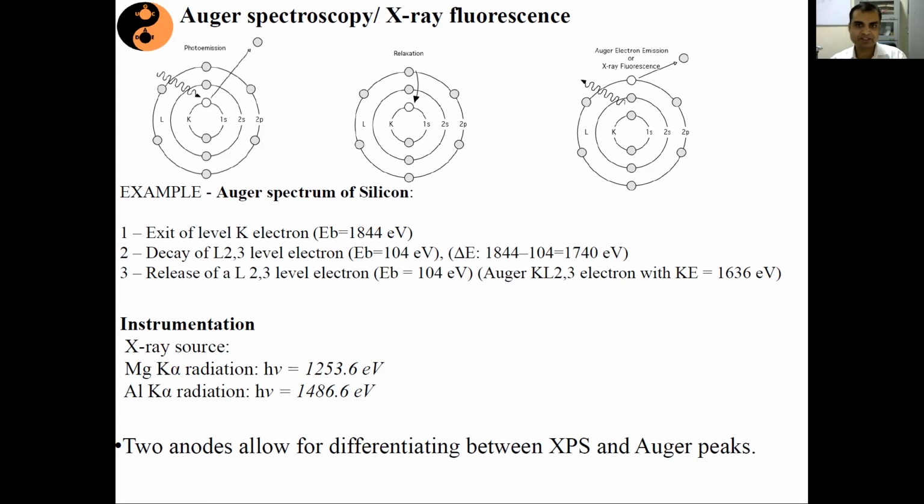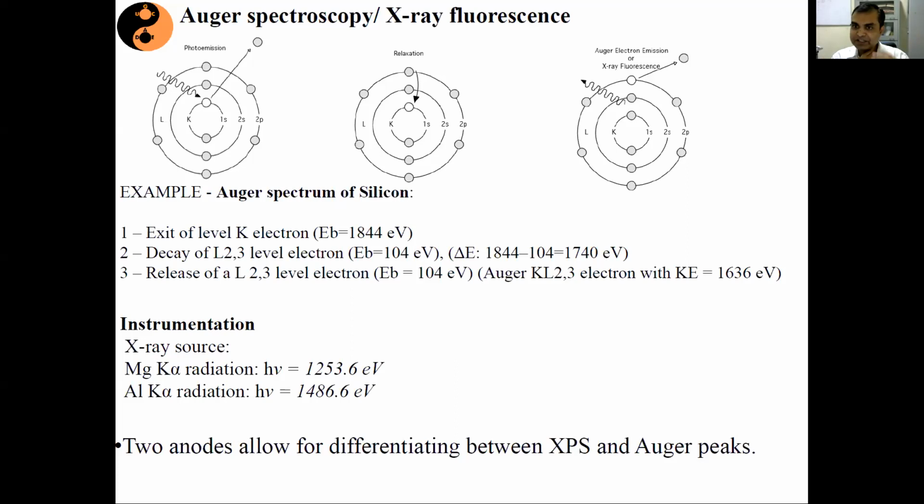Another possibility is that, in place of emitting a photon, that photon energy is used to eject another electron from a higher energy level. Suppose the electron has come from this level to this level, but the photon emission which could have happened does not occur; instead that energy is used to knock out another electron.